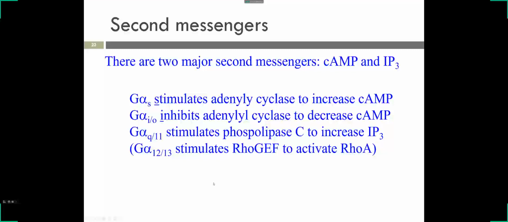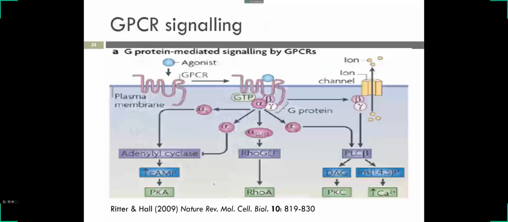G-alpha Q, which stimulates phospholipase C, leading to an increase in IP3, that inositol triphosphate. And we have the G-alpha 12/13 family, which stimulates RhoGEF to activate RhoA. And this is just an image of those pathways.